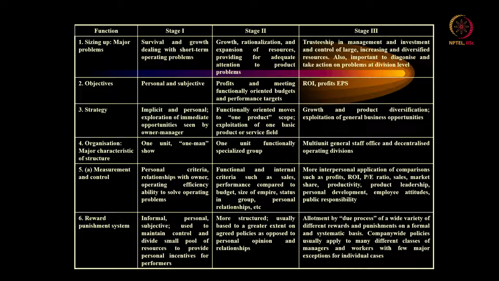What about stage 3? Companies in this stage are characterized by decentralized decision making authority in managing diverse product lines. These companies grow by diversifying their product lines and widening their geographical base.